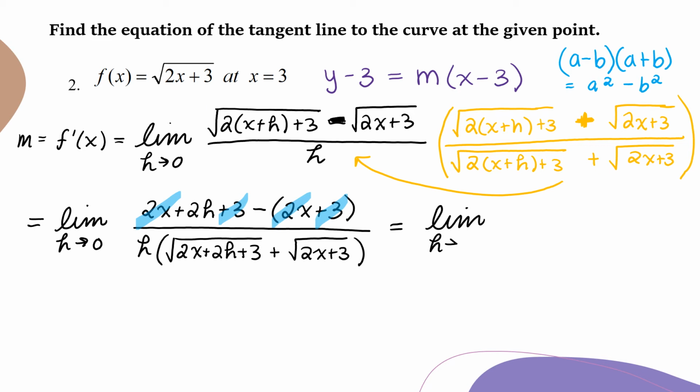as h approaches 0 of 2h all over h times the square root of 2x plus 2h plus 3 plus the square root of 2x plus 3.